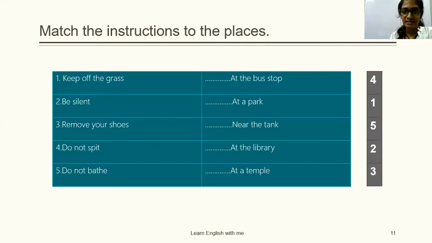Be silent at the library. Remove your shoes at the temple. Do not spit at the bus stop. Do not bathe near the tank. So these are a set of instructions that you have to match with the relevant places. So hope you're clear with the imperatives and specifically about instructions.